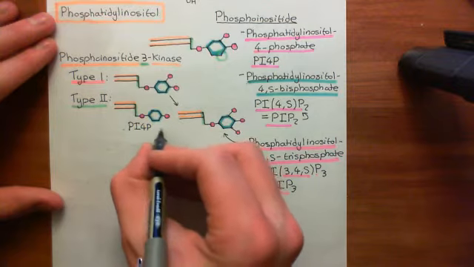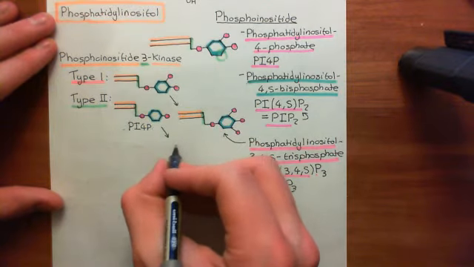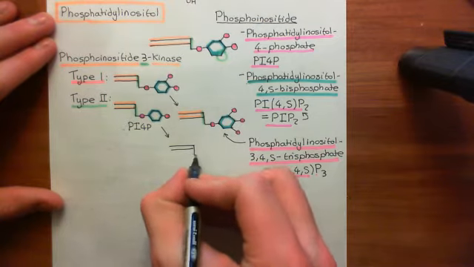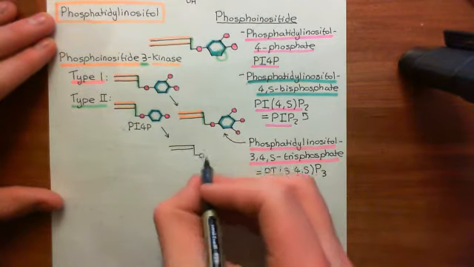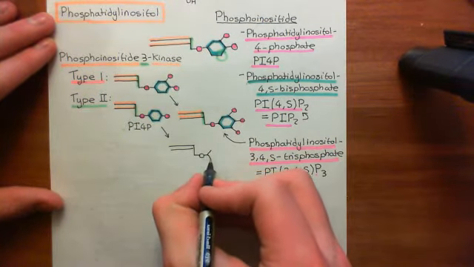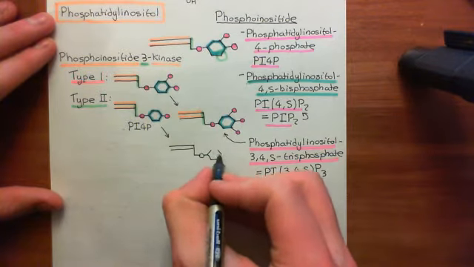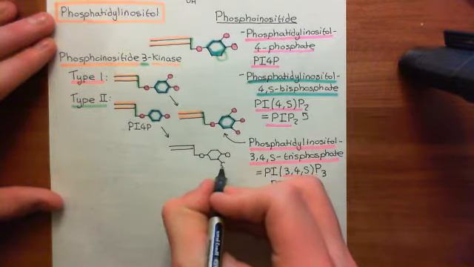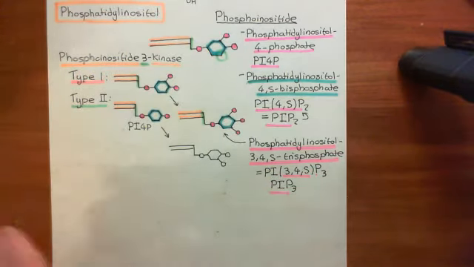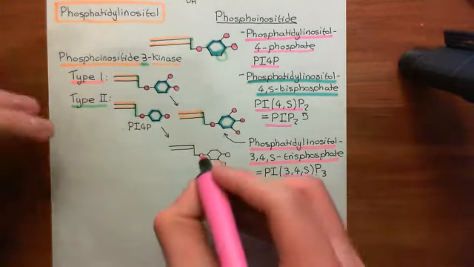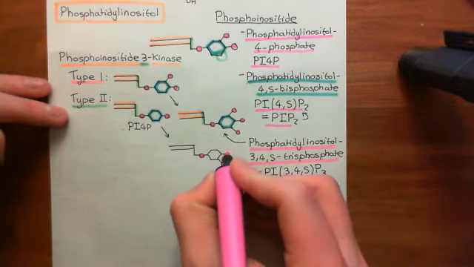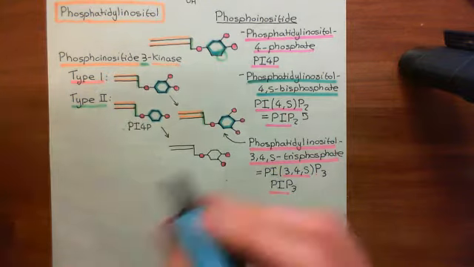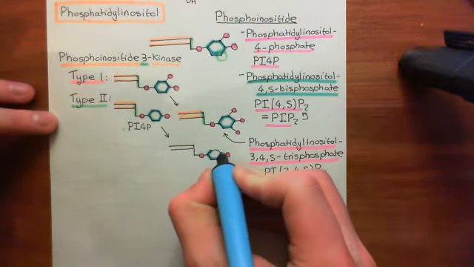Okay, and we're now going to phosphorylate the 3rd carbon of the PI4P molecule to produce another phosphoinositide where we have 2 phosphate groups coming off the inositol ring, but this time this is not phosphatidylinositol 4,5-bisphosphate, but instead phosphatidylinositol 3,4-bisphosphate.